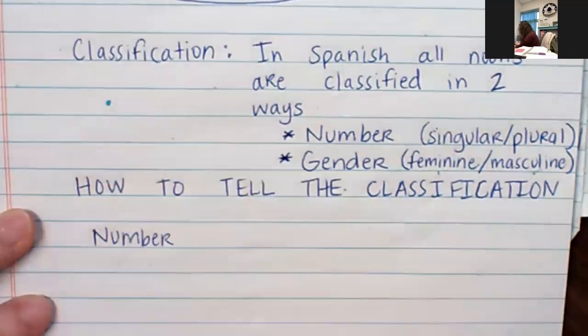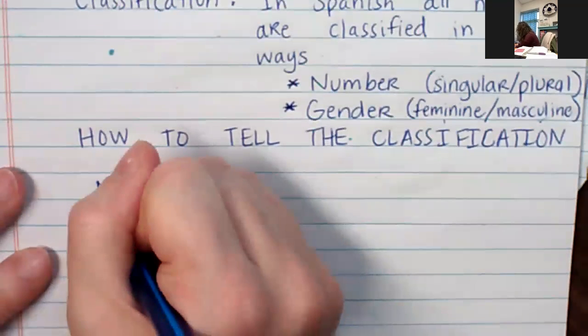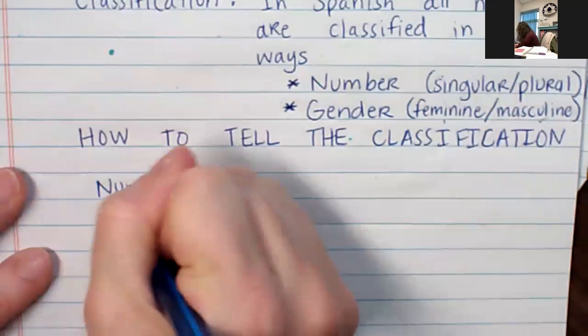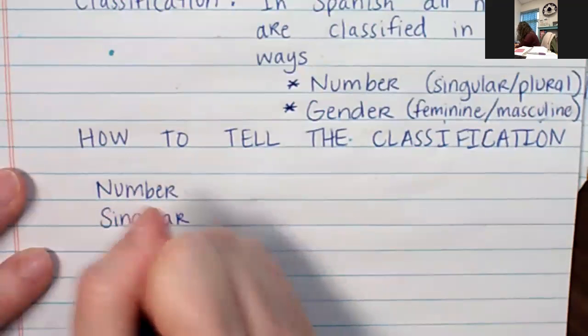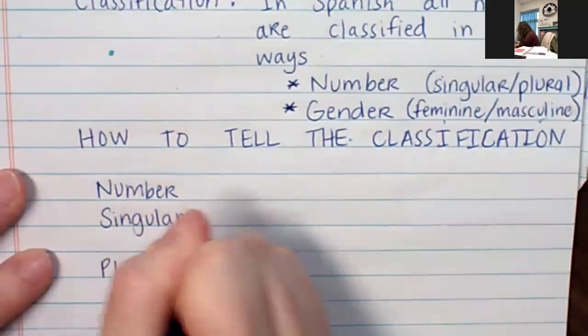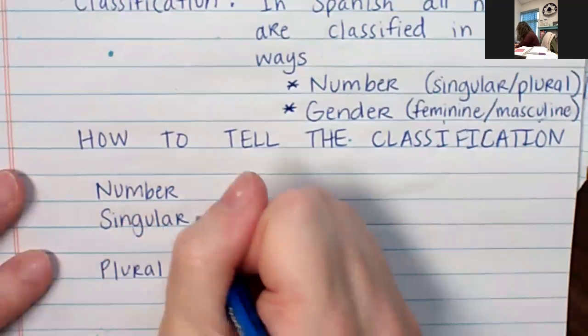So the first step is number. So we have singular versus plural.